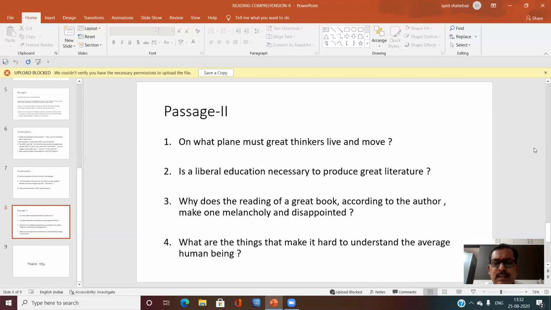What are the things that make it hard to understand the average human being? A habitual meditation on the vast problems that underlie human life, thought of immortality, of the littleness of mere man, of the greatness of man's soul, of the splendors of the universe that are invisible to the ordinary traffickers in the street.